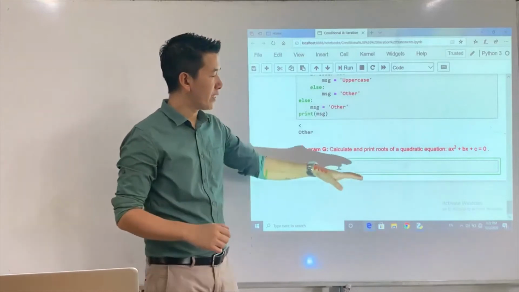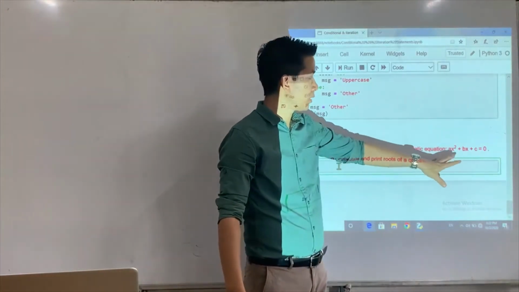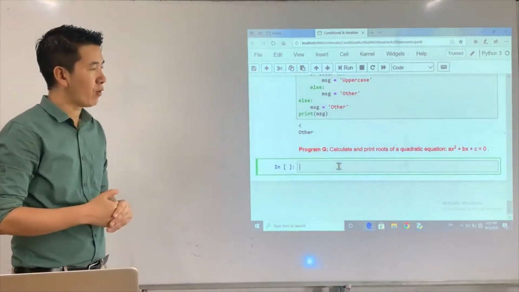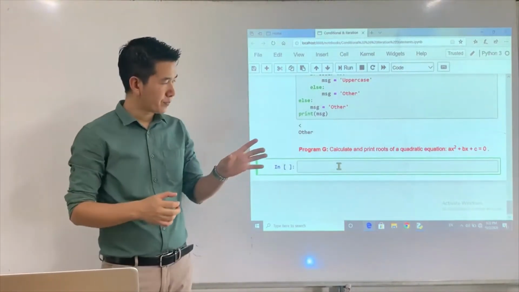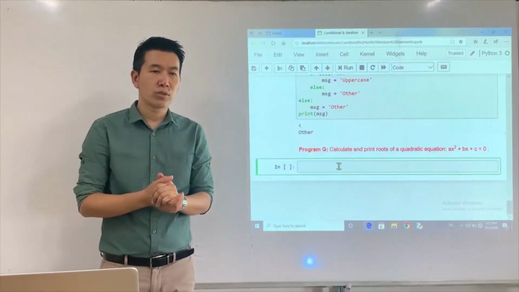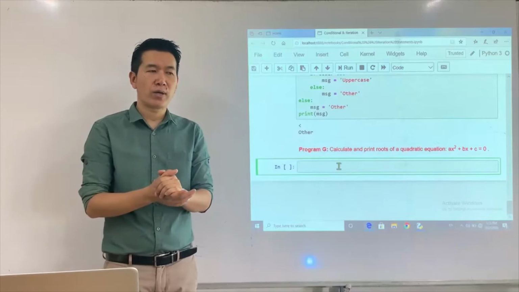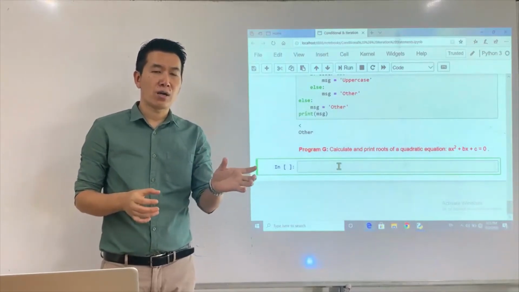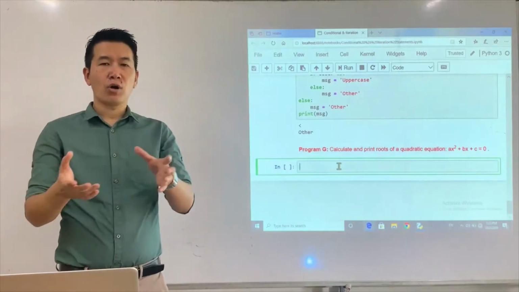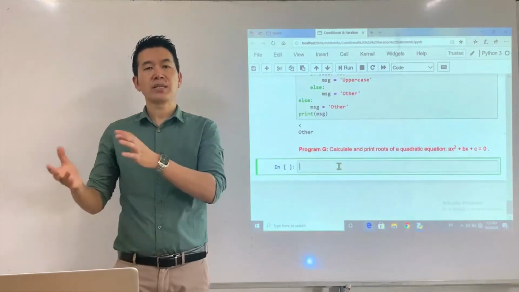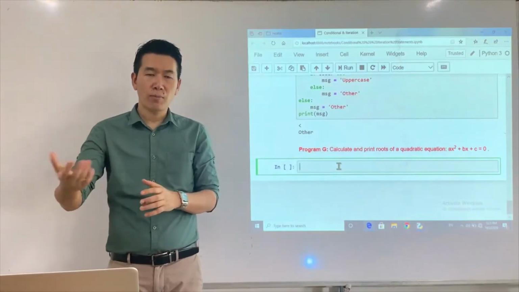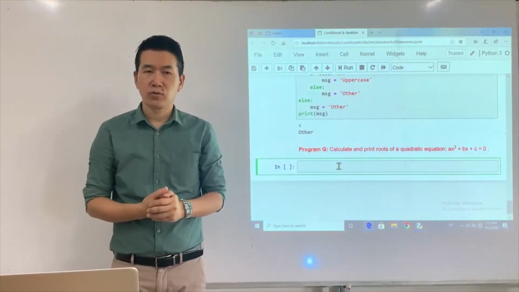Once you have the values for a, b, c, then using the mathematical formula, you'll be able to find out the roots. There are 3 possible answers. The first one is the roots are real but unequal, or roots are real but equal, and finally you have roots are complex and imaginary, right?